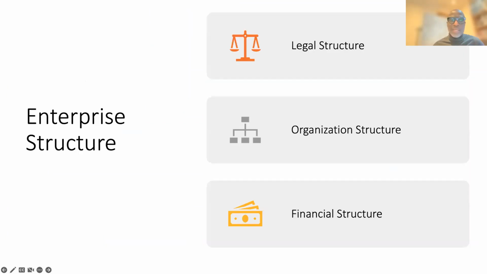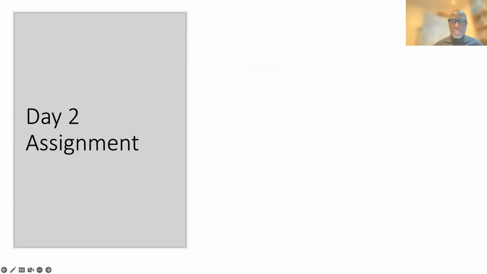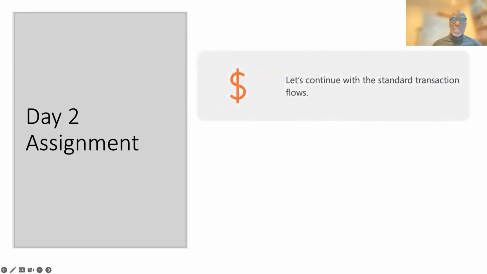So in summary, you have the legal structure, you have the organization structure, and you have the financial structure. Now, I've just taken you through a run through of what you will cover in 2 hours in the video with a bit more depth. But in terms of the exercise or the assignment for day 2, the key thing is that you're going to continue with the standard transaction flows.